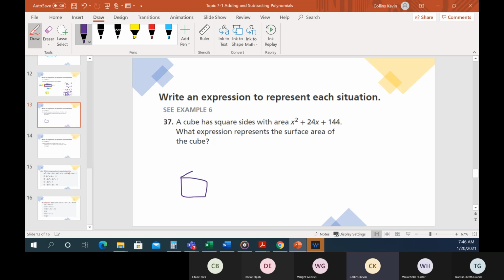Get ready for some bad drawing. All right. A cube is basically a box, right? So the question is, if the area of a side is all this stuff, how many sides do we have? How many sides are there to a box?